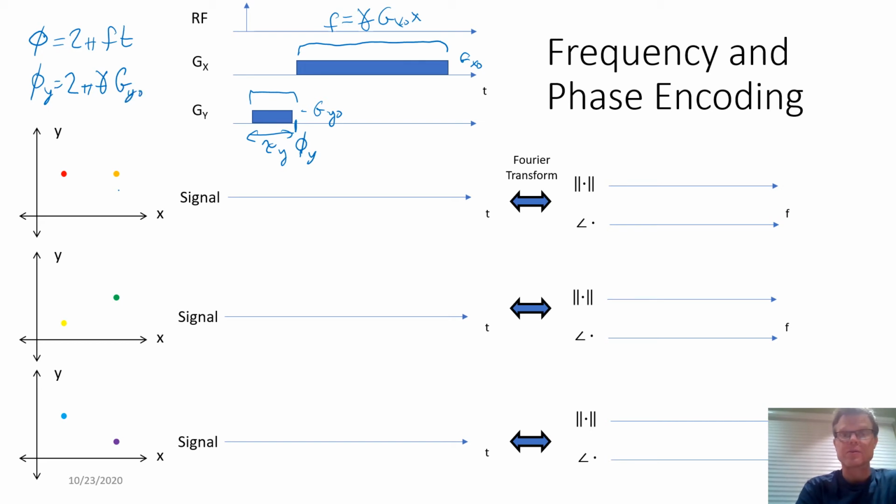So that's the frequency, and y, which is the frequency during this time interval. It's the same equation that we had for frequency encoding. And then the phase is allowed to accumulate for some time, tau y here.